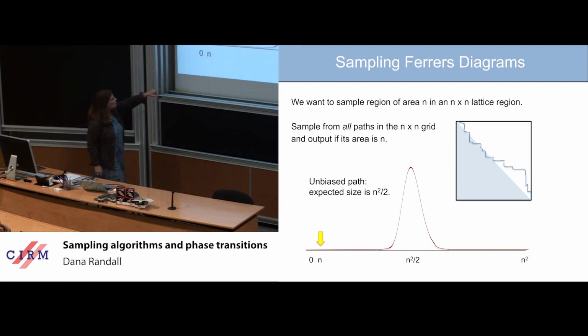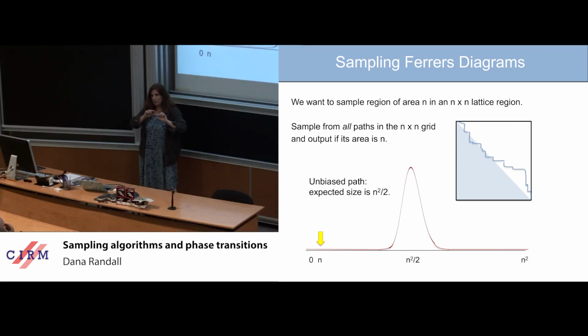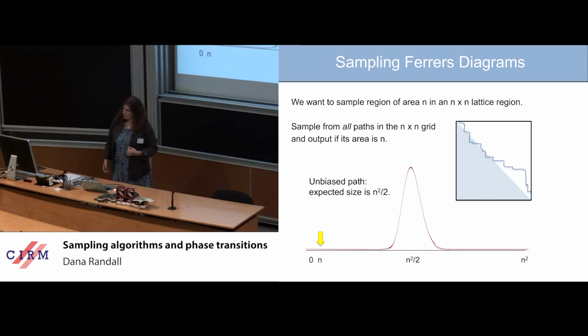But I'm going to sample something which has area n squared over 2. So I have to be in an n by n region to include the partition which is n, or 1, 1, 1, 1, 1, n times. So I'm in an n by n box. I'm going to have things with area which is much too high, right? I'm interested in getting something which has area n, and the probability of seeing that is certainly exponentially small, okay?